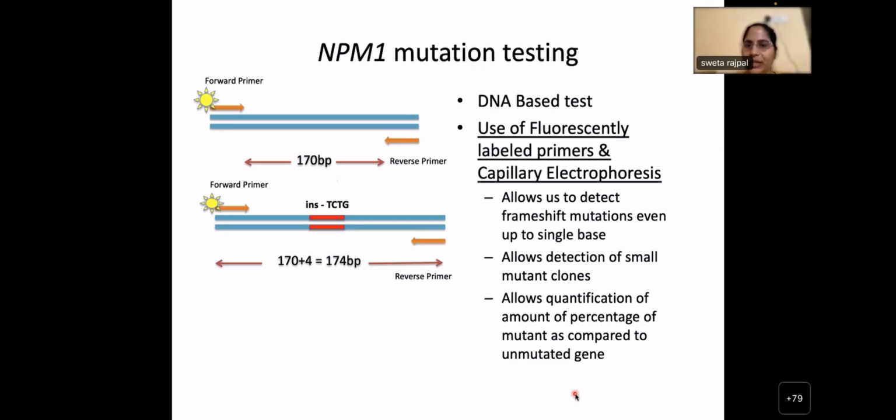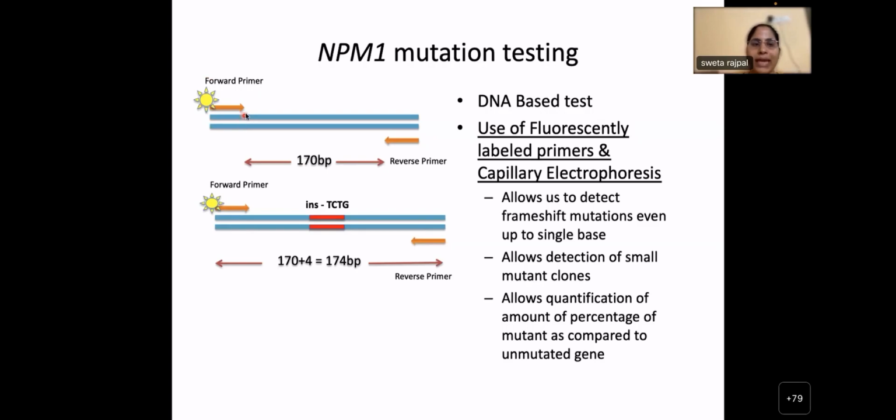So we did NPM1 mutation testing. How did we test? We used a fluorescent labeled primer. So we are doing a multiplex PCR. We're using primers for both NPM1 and FLT3 ITD, FLT3 internal tandem duplication. Our forward primer is fluorescent labeled.